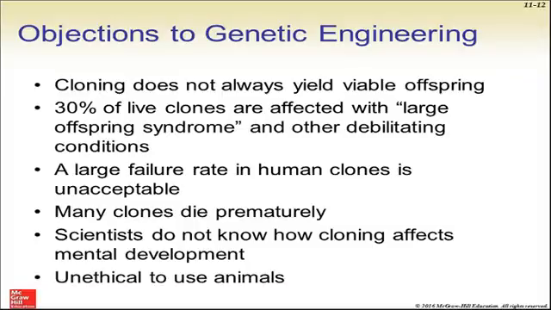So sometimes things don't end up as an exact replica. A large failure rate in human clones is unacceptable. Many clones die prematurely. Scientists do not know how cloning affects mental development. And a lot of people have the mindset that it's unethical to use animals in this manner.